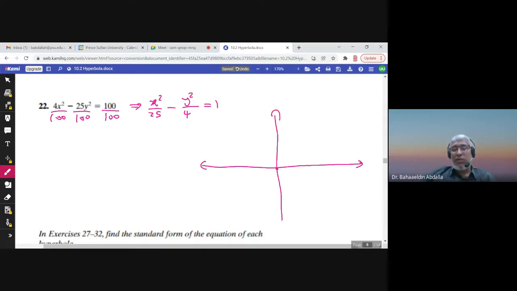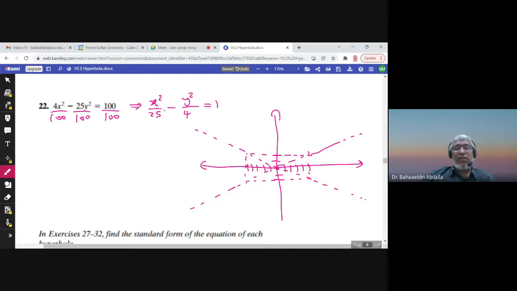Center 0, 0. 5 units right, 5 units left, 2 units up, 2 units down. Fundamental rectangle. Asymptotes.